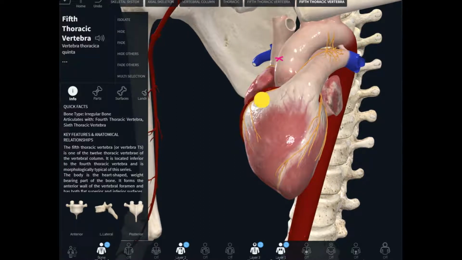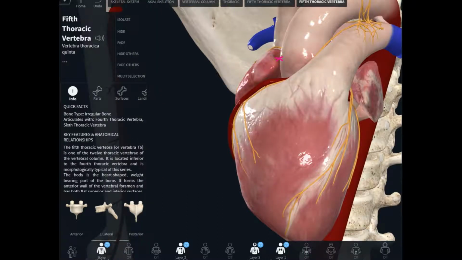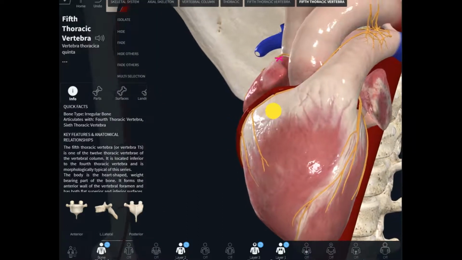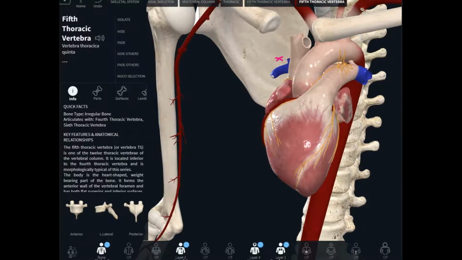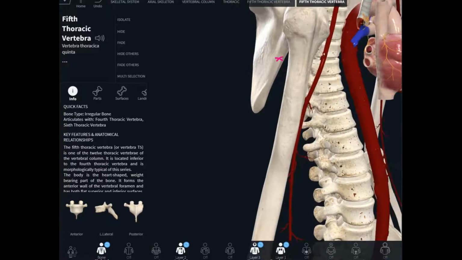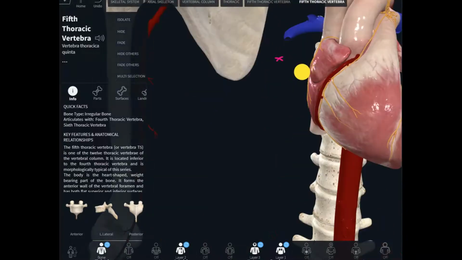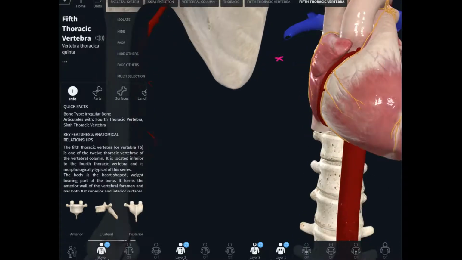Approximately from there, it rises and it bifurcates, and it's in close vicinity to the aortic trunk here. We can see the aortic arch and especially the right branch of the pulmonary trunk. It goes off and under the aortic arch. So that was the general outline.